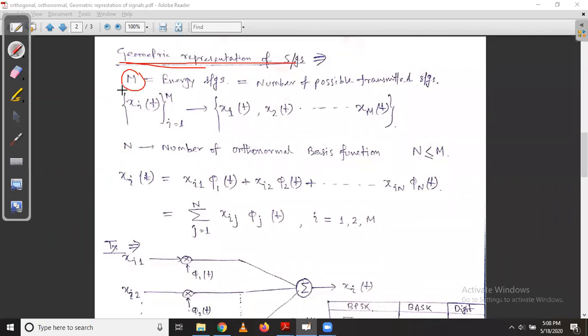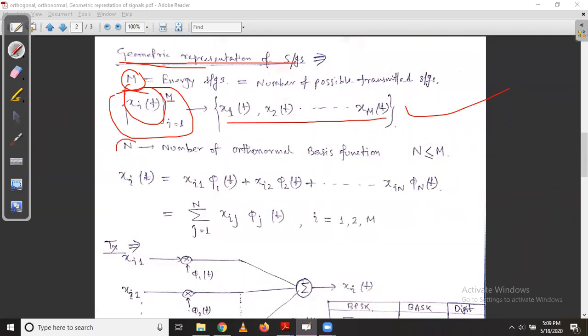Capital M is the number of energy signals that will be transmitted. These energy signals are denoted by x_i(t), M number of symbols, so i equals 1 to M, written as x1, x2, up to xM(t).